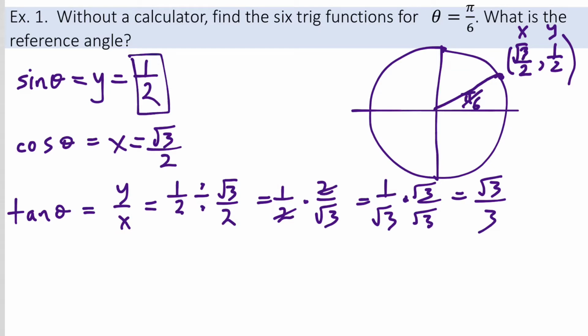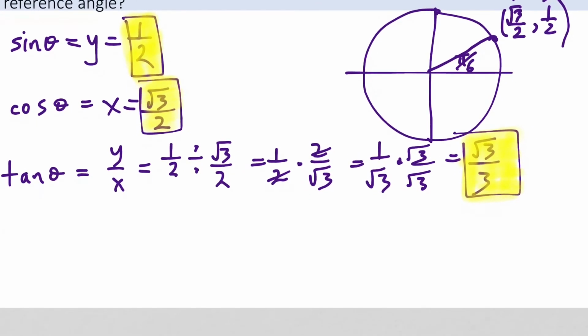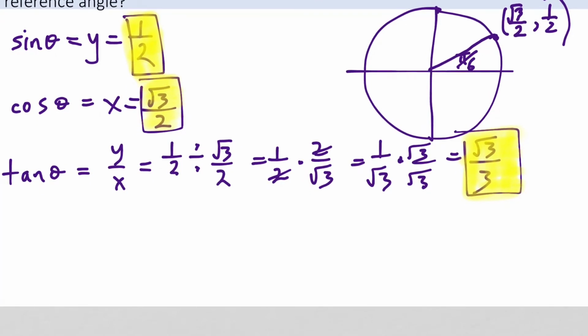All right, so we have sine, cosine, and tangent so far. Now let's find the reciprocal functions. So the reciprocal of the sine is the cosecant. So that's 1 over y. That would be the reciprocal, basically means you flip it upside down.